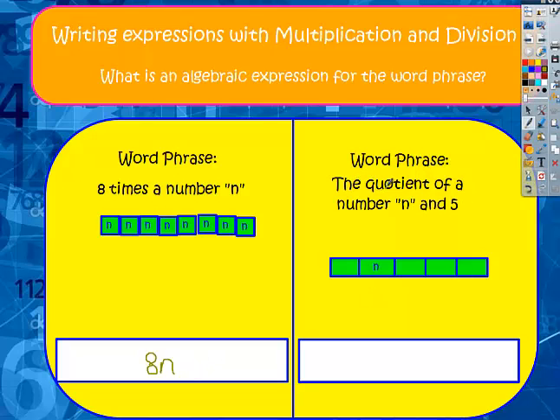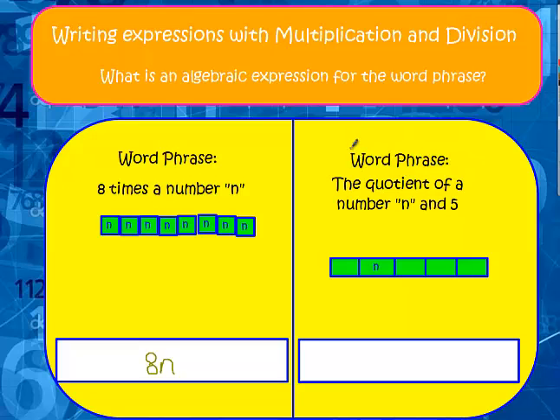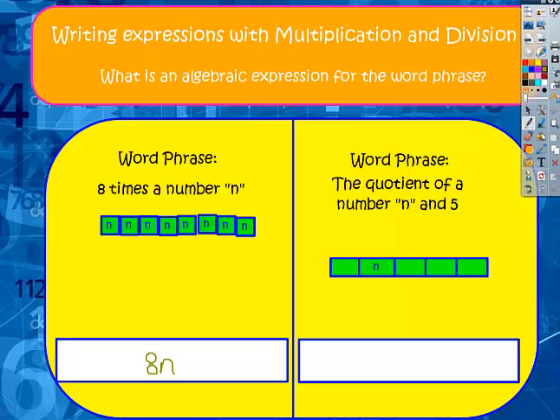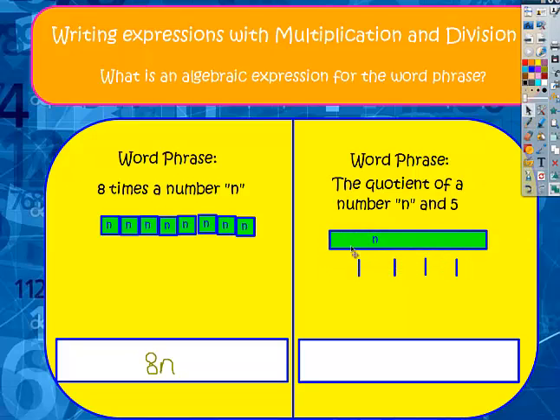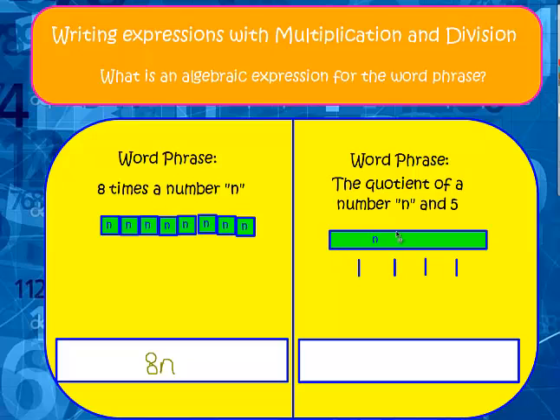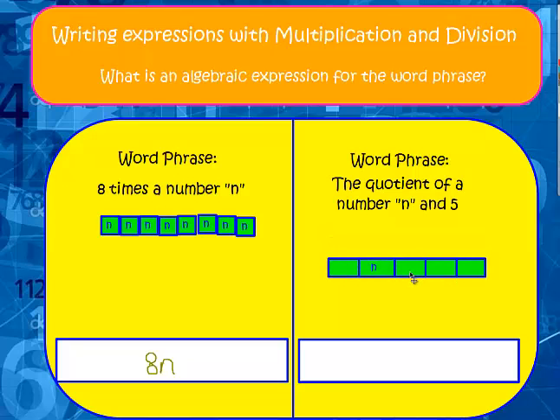We can also write word phrases with quotients. So the quotient of a number n and 5. Basically what this means is I'm going to take some number n, this whole amount, and I'm going to divide it into 5 equal portions.